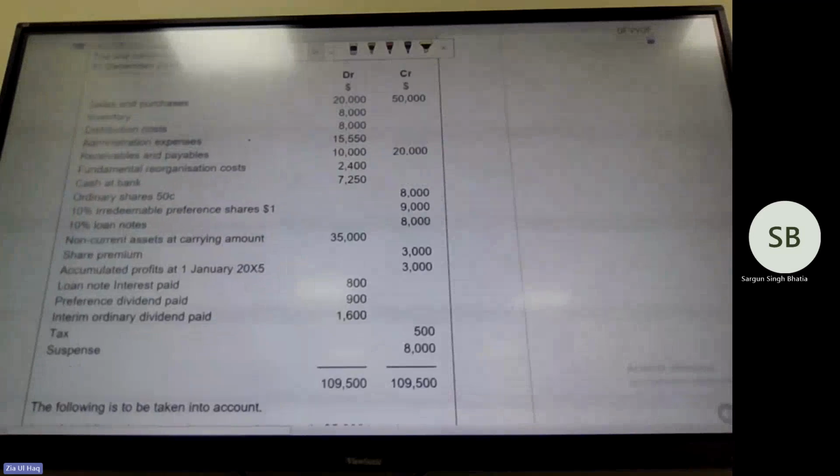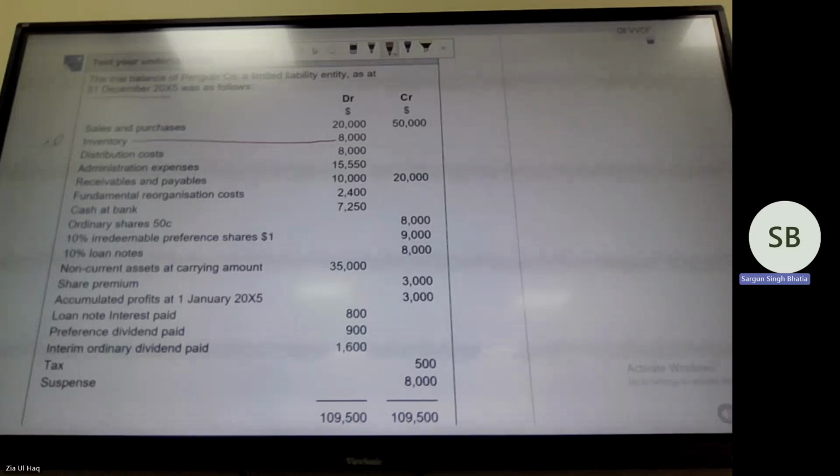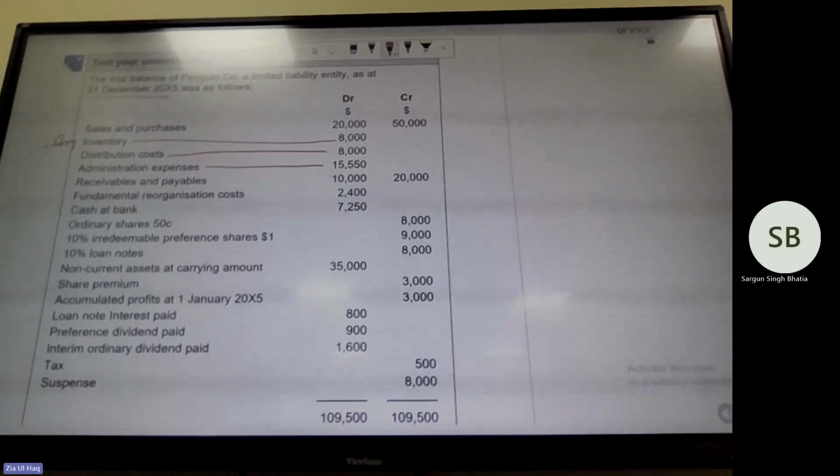This means this inventory is closing or opening? Opening. No, at 31st December means end of the year. This means this is closing inventory. And distribution cost, expense, admin expense, receivables and payables 20,000.